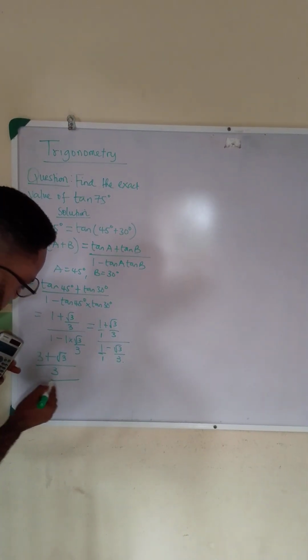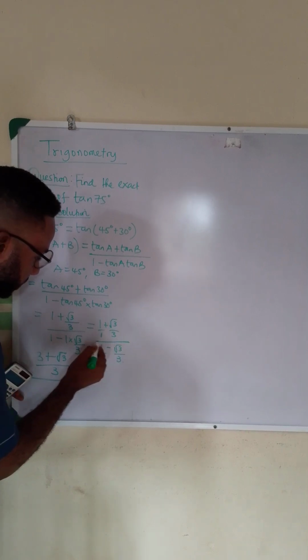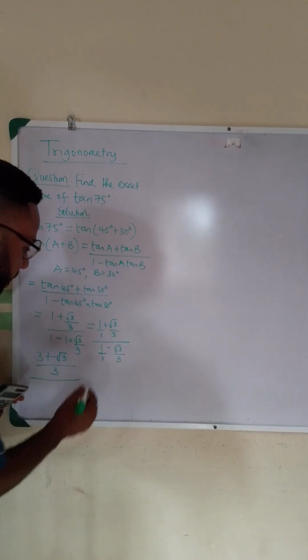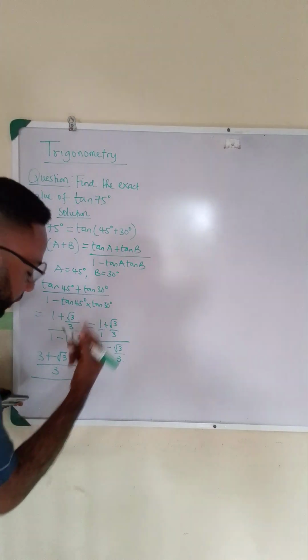So we now come to the denominator. The LCM of the denominators 1 and 3 is 3.